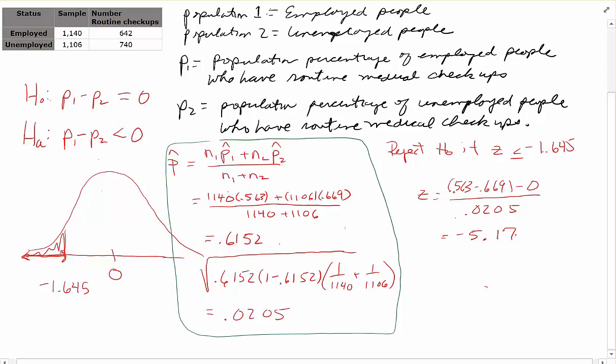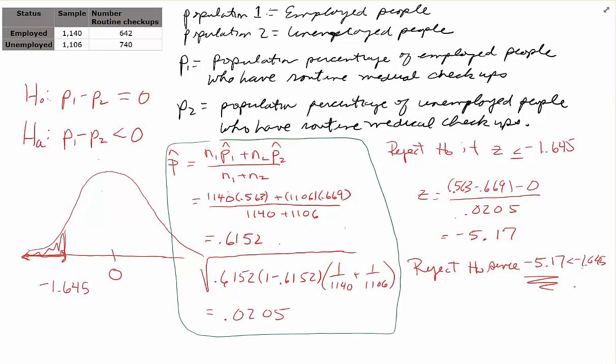And negative 5.17 is so far to the left of negative 1.645, I'm going to reject H sub 0, since negative 5.17 is less than negative 1.645. And actually, I am so far to the left of that, I am off the chart. I'm beyond 3 standard deviations of the center, and I'm in outlier territory. As a matter of fact, when I go to the table, it's off the chart.